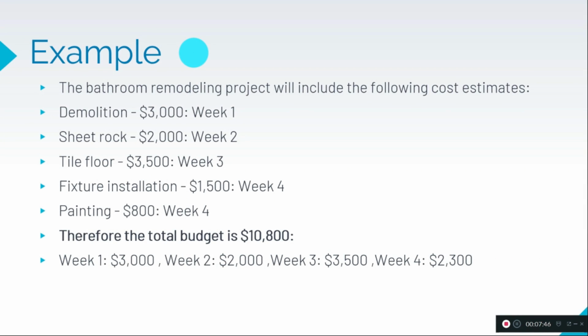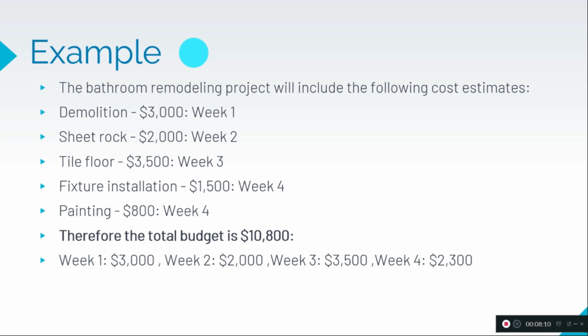For example, we are remodeling the bathroom, that is the project we are considering. Let's see what the cost estimates are for this particular project. Demolition, week 1, $3,000. Sheetrock, $2,000, week 2.